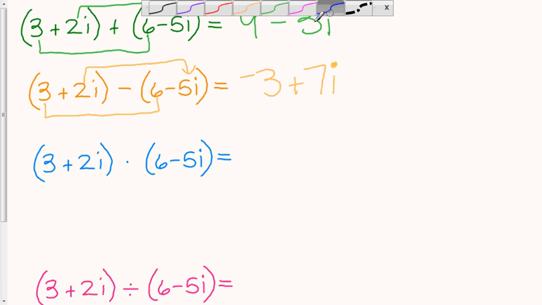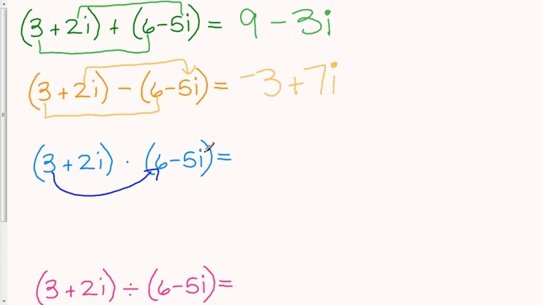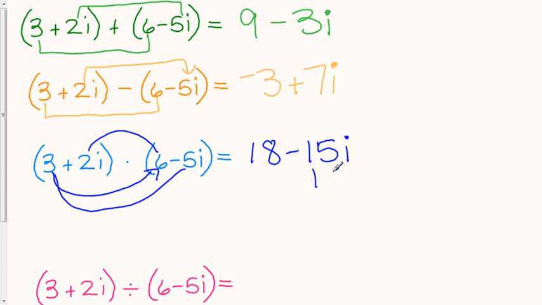Multiplying means you have to distribute. 3 times 6 is 18. 3 times a negative 5i is a negative 15i. 2i times 6 is 12i. And 2i times a negative 5i is a negative 10i squared.